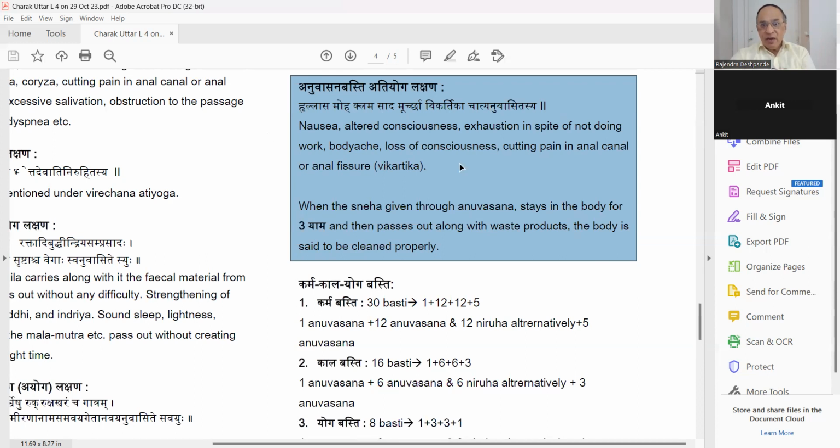Body ache will be there, loss of consciousness, cutting pain in the anal region and anal fissure, that is vikartika. When the sneha given through Anuvasan stays in the body for 3 yama and then passes out along with the waste products, the body is said to be clean properly. Okay, so you have to find out the time factor, how much time 3 yama is.